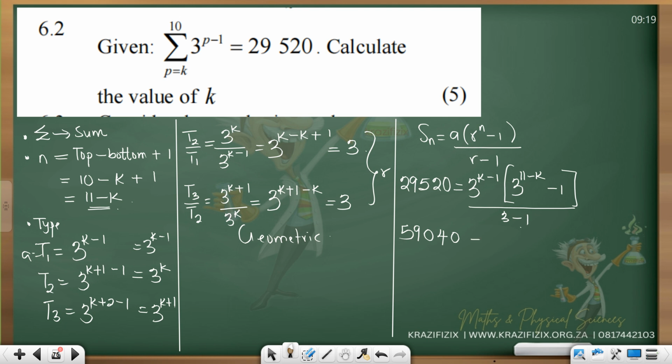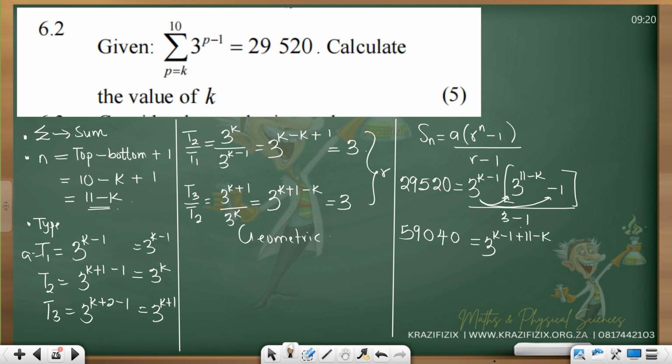Now, this is equal to, let's look at what we have here. 3 to the power k minus 1, multiplied by 3 to the power... Let's see if we distribute, would that help? We are multiplying, laws of exponents, we add.